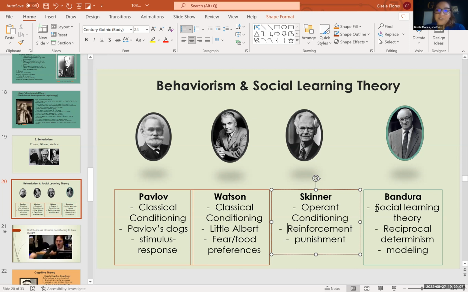So the reinforcement he's looking at is really the social reinforcement. So if I am a baby and, let's say I clap my hands, the response that I get from the people around me, either, oh my gosh, you clapped your hands, yay!